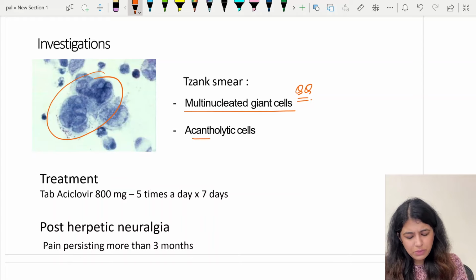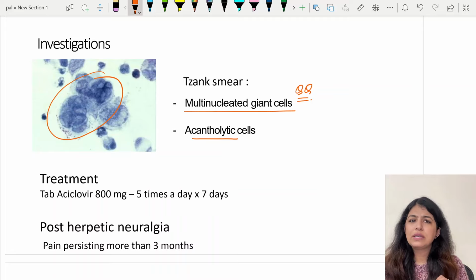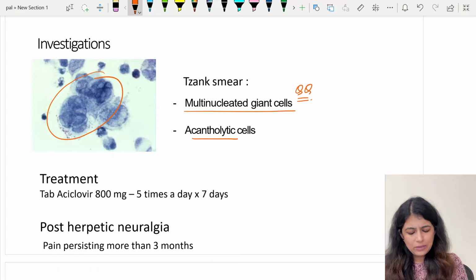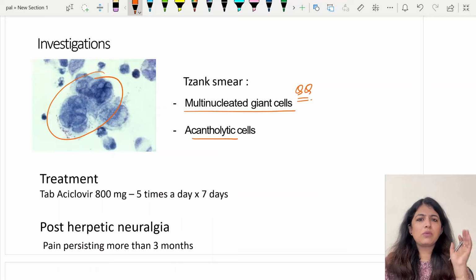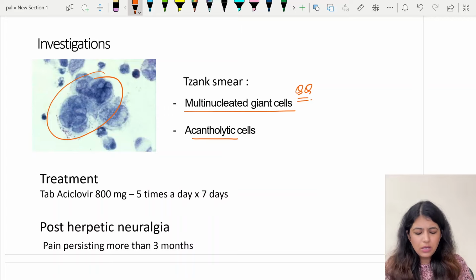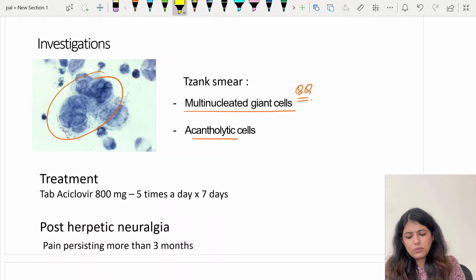Also remember that acantholytic cells are seen because of secondary acantholysis that happens here. You can note this because it has been recently asked in the INI-CET exam, and multiple questions on multinucleate giant cells are anyway there. So the main finding on Tzanck are the MNGs.